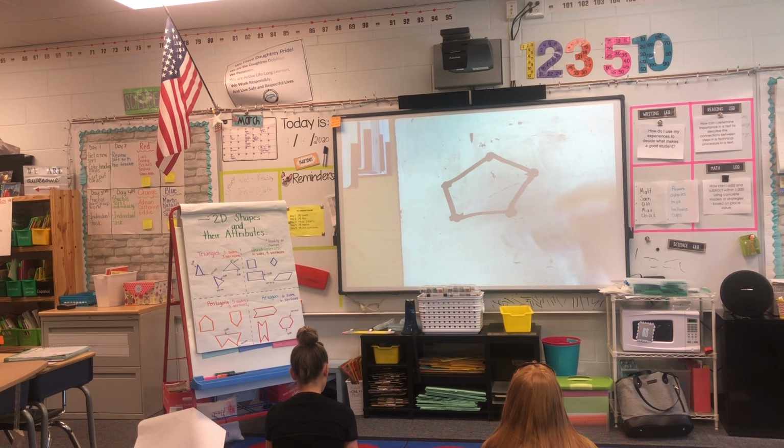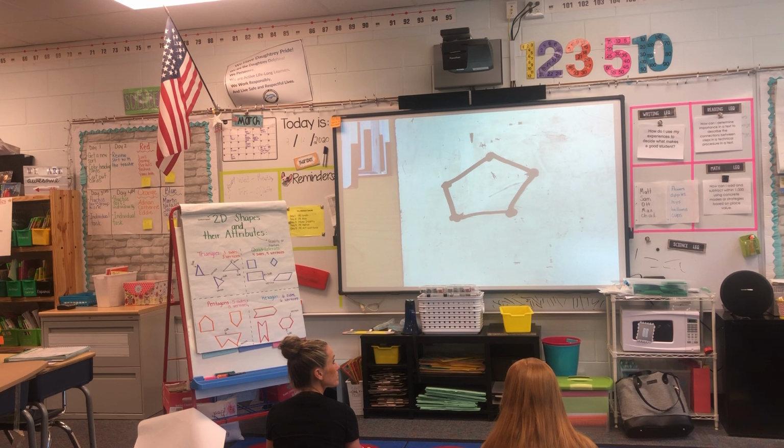There. So 1, 2, 3, 4, 5. And that's why I put the dots, so I could keep track in my head, kind of like a connect the dots game. Okay? So what I want to ask you, how do you know this shape is a pentagon?